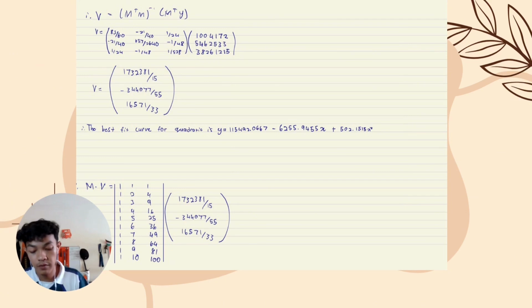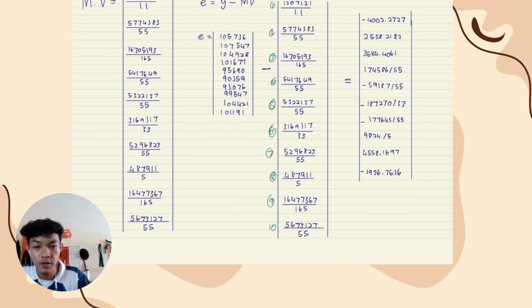So therefore, after we find the v, we can proceed to find the Mv, which is matrix M multiplied by the v that we searched. After we find the Mv, we can proceed to find the error, which is the equation error equal to y minus Mv.